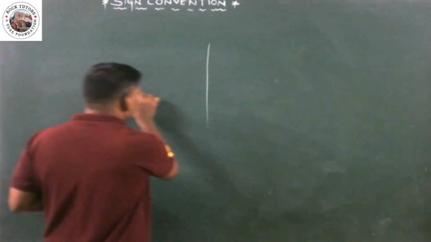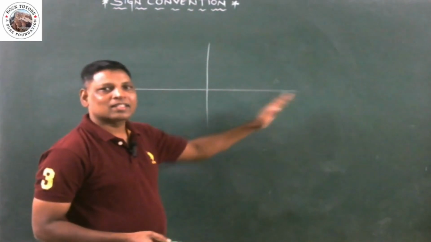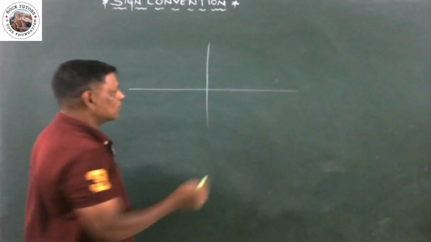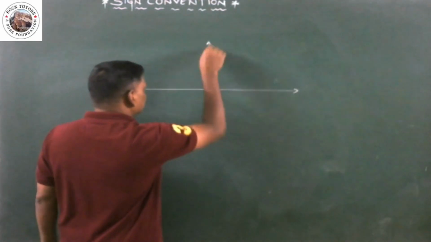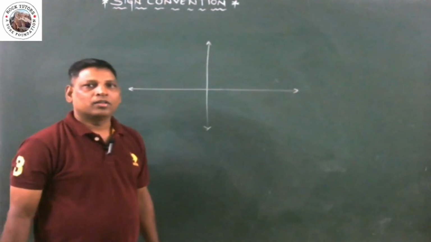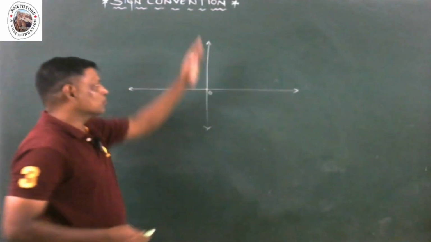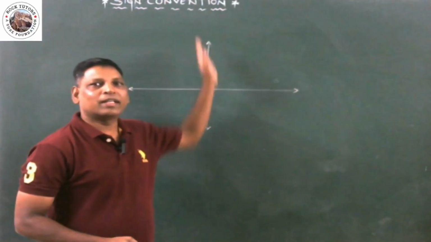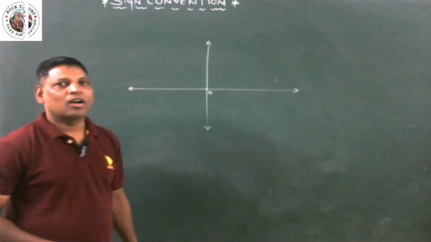In the Cartesian plane, we have an x-axis and the vertical axis is the y-axis. This is the origin, where these two lines, x-axis and y-axis, are meeting.